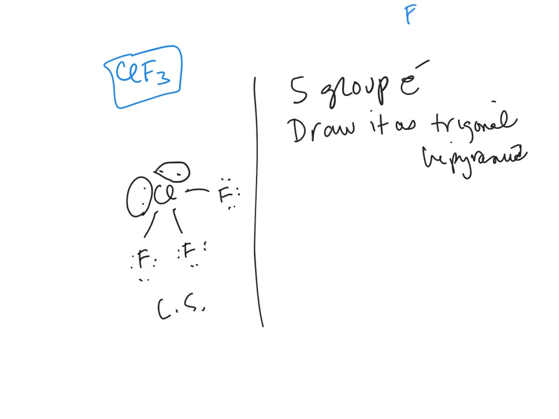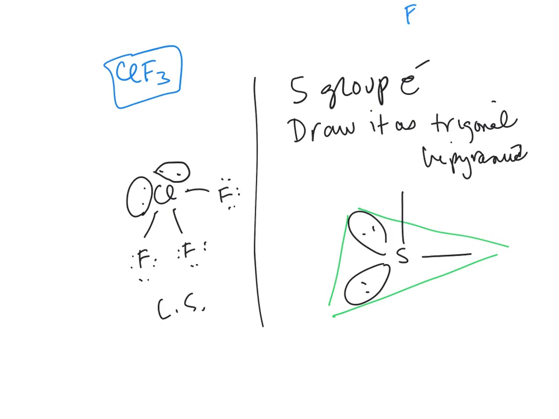All right, we're going to draw it as a trigonal bipyramid, and for the same reasons that we used before, we're going to put both of those lone pairs in the plane. And this is why I like this molecule, because it's got right angles. You just don't see molecules every day that have right angles.